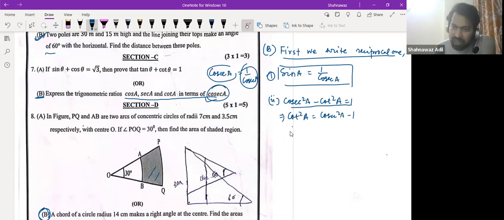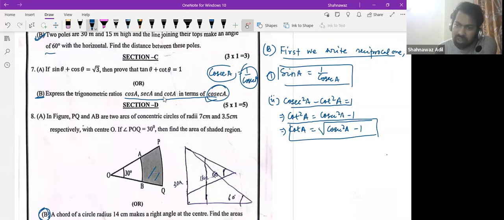And then we find out what is cot A. Cot A will be the square root of cosec square A minus 1. So this is cot A in terms of cosec A.